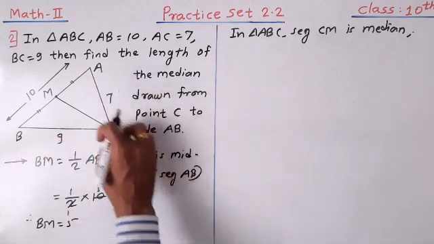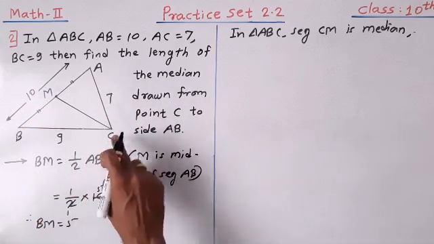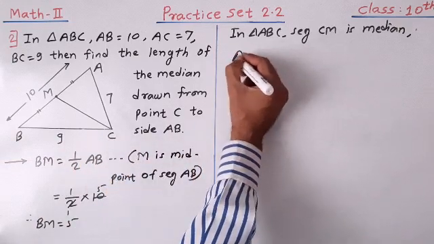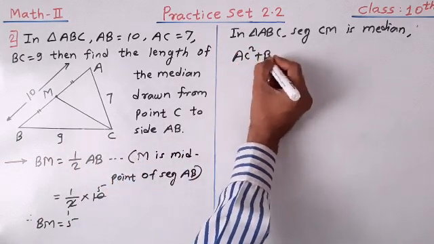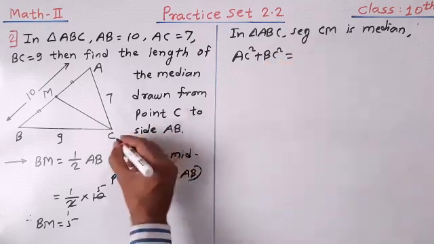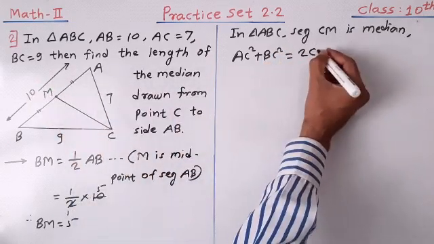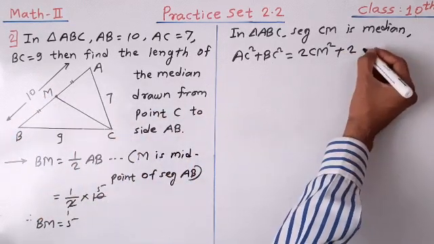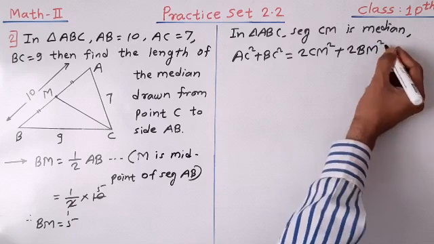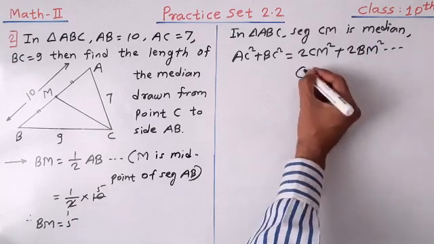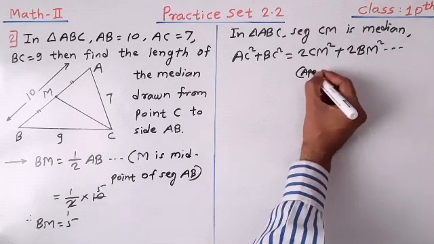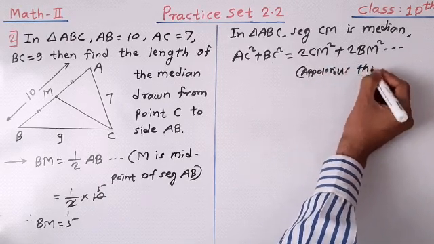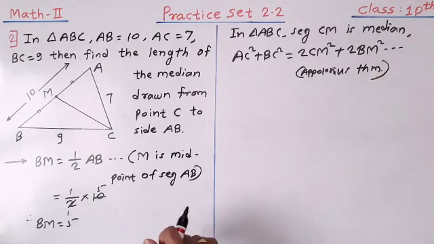AC square plus BC square is equal to 2CM square, that is median, plus 2BM square. And the reason for this step is Apollonius theorem.